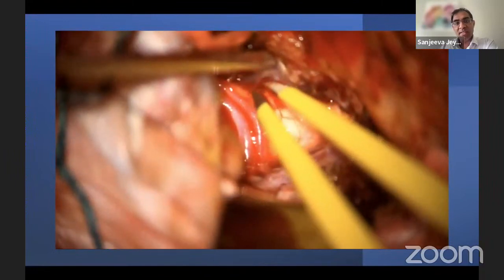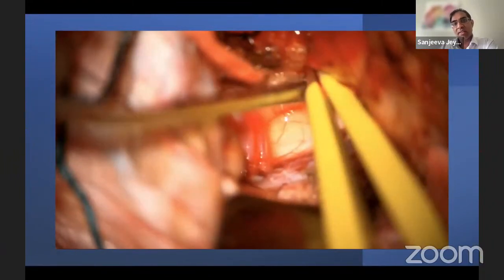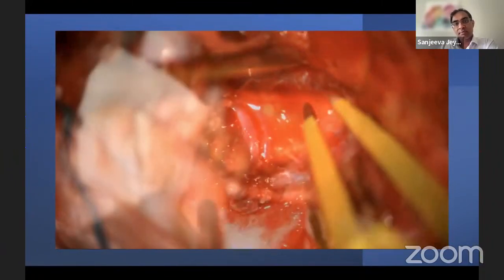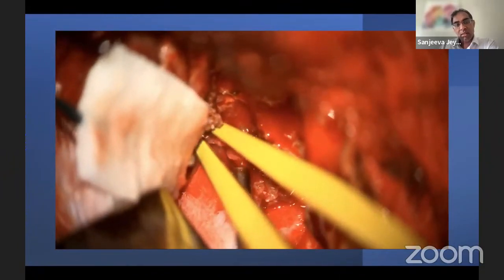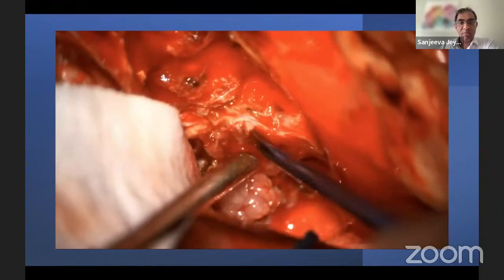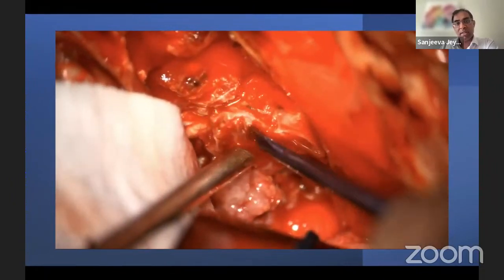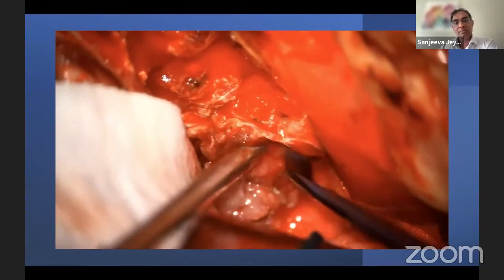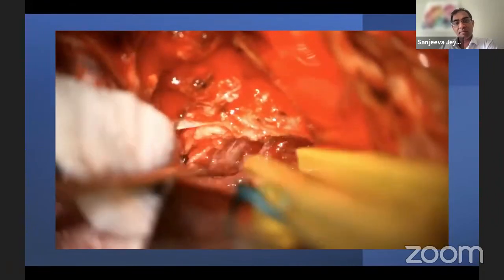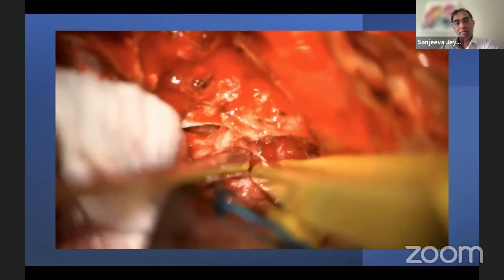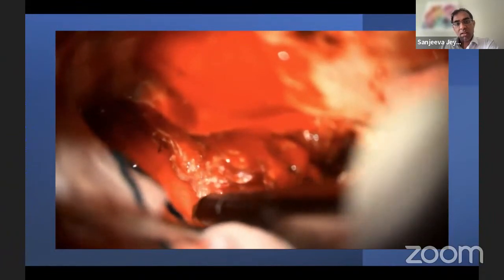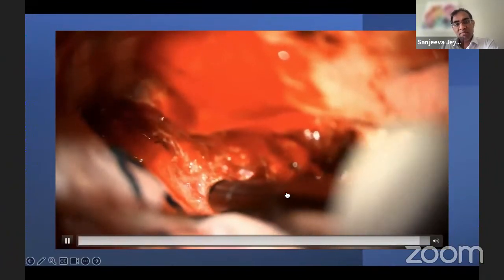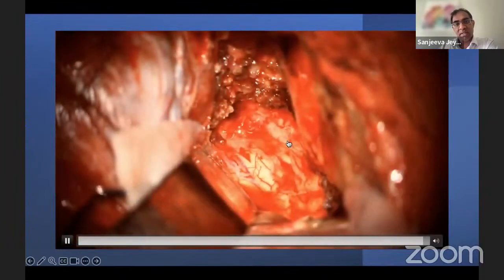We prefer arachnoidal dissection, but here it was very, very stuck. So we had to cut the arachnoid there. And that'll be the anterior component, small bit of Meckel's cave, all of that coming out. Very tough tumor. Normally we just sort of lift out, we debulked it, and that's the final view.